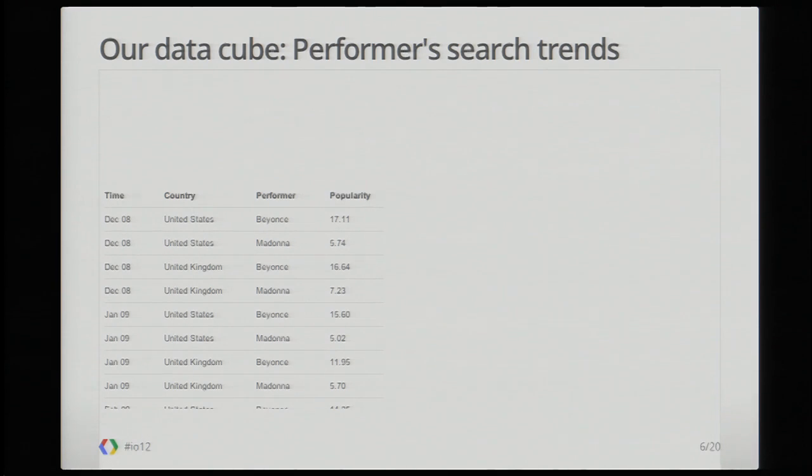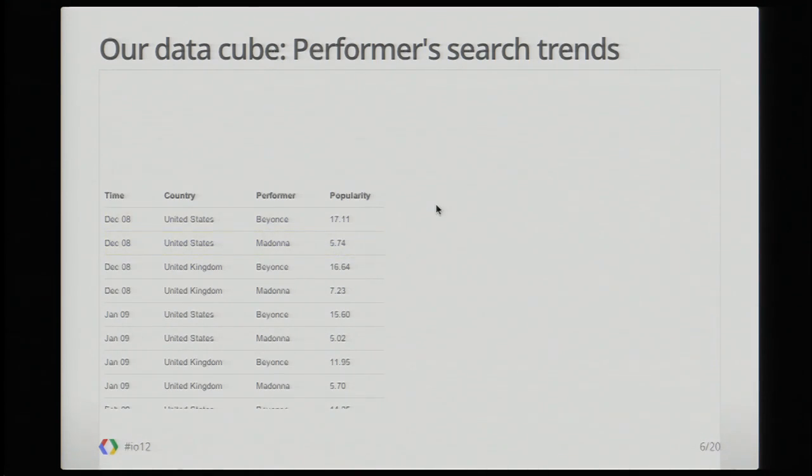And you can do that for every single month or every single day. We chose the month granularity. You can do it for every country in the world and for every performer, as we just discussed, and you would get a measurement that shows the popularity. The number doesn't mean anything; just the comparison between those numbers means everything. So you can see here that in the United States in December 2008, Beyonce was much more popular than Madonna.